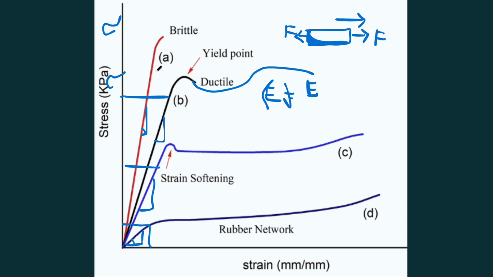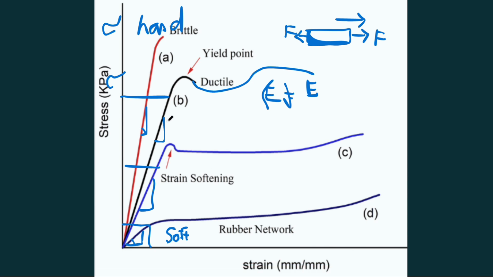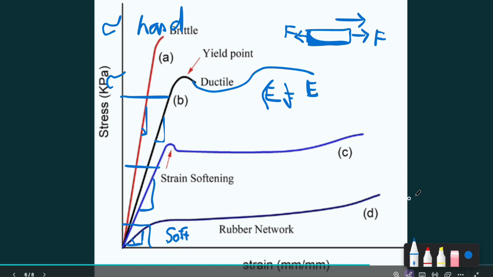The brittle curve has a large angle, it's really hard, and a small angle is really soft.